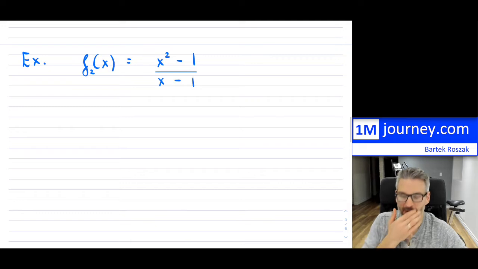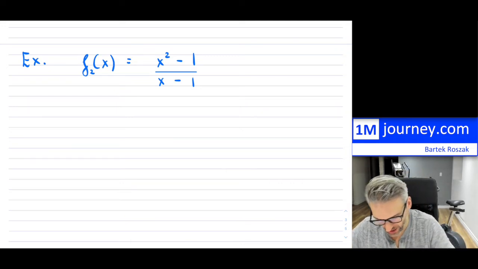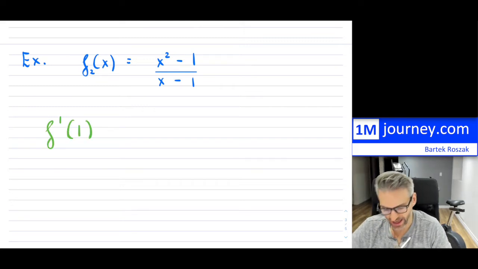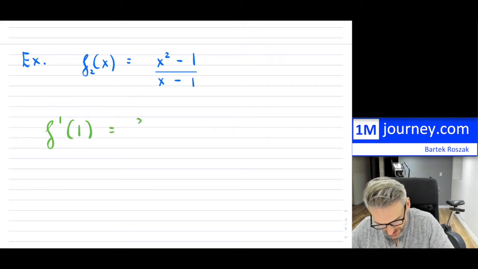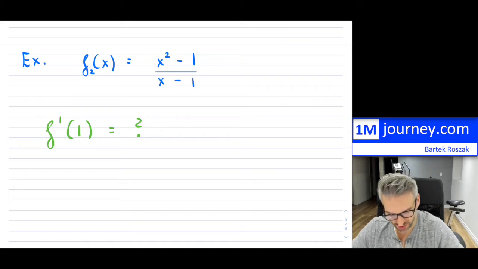Here's another example right here. And within here, what I would want to be able to see is, what is the derivative? And here I'm going to say, okay, at 1, does this equal something? Does it exist? Now, I purposely have set this up. Notice in the numerator, this is a difference of squares.